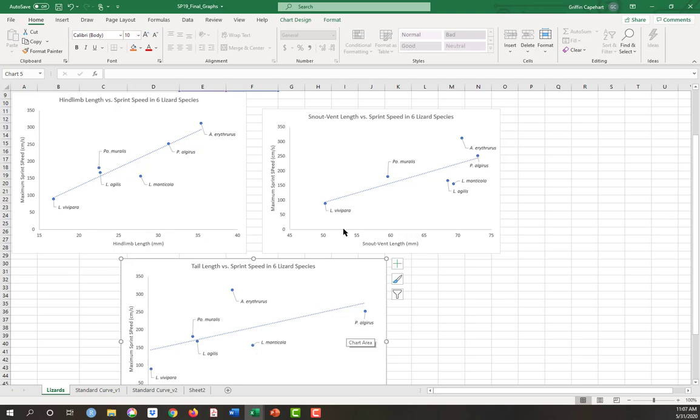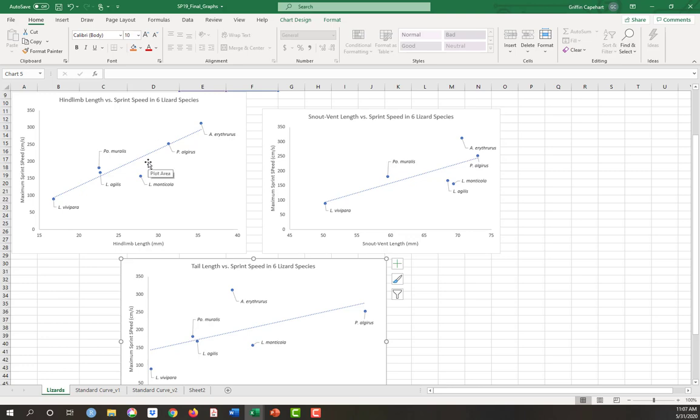As you can see, in all of these graphs, these are all scatter plots, and we can remove the trend line if we wanted, but we would still see that as the hind limb length increases, for example, the sprint speed also increases. That is a positive correlation. And we actually see this in all of these different variables, but it is the strongest here in hind limb length, which probably makes sense.